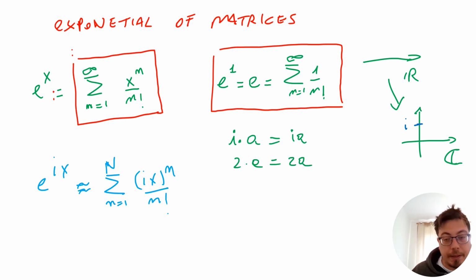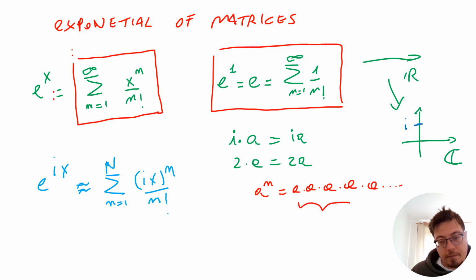Also, we need to remember one simple thing: a to the n is equal to a multiplied n times. I'm sorry if I'm being pedantic. So a to the n is a way of representing multiplication.